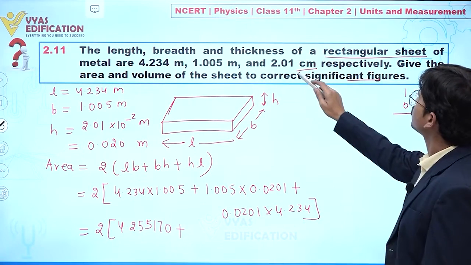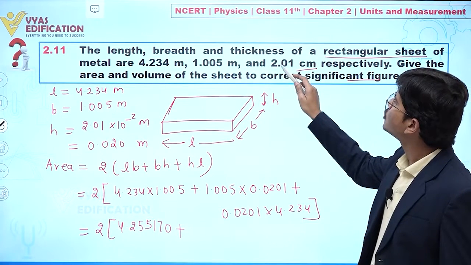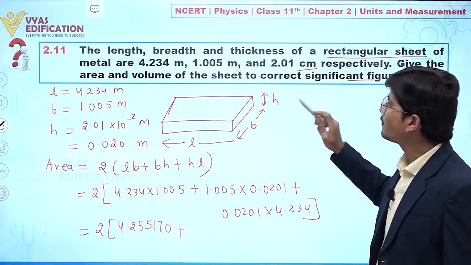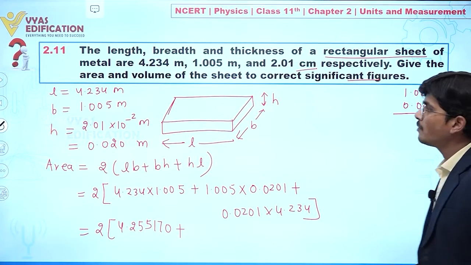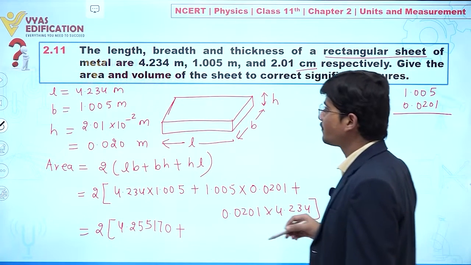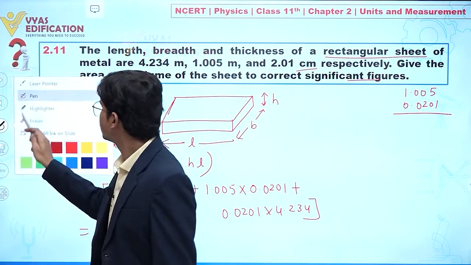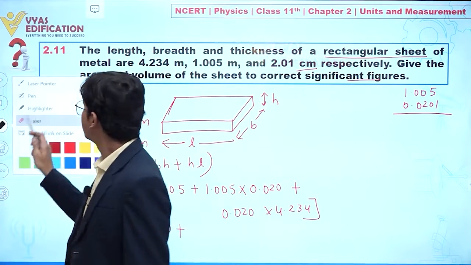This is 2.01 centimeter, we can divide by 100, so 0.020, I am taking up to 3 only, clear. So now from here we can write like this. First we can write here, we are taking up to this one only, clear.